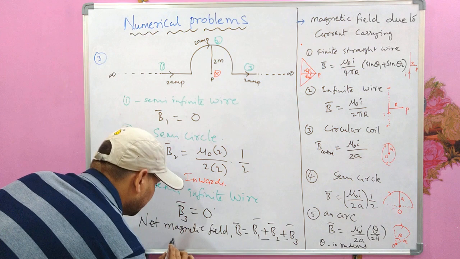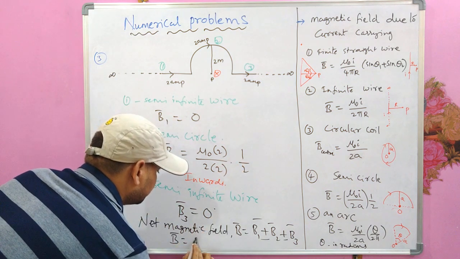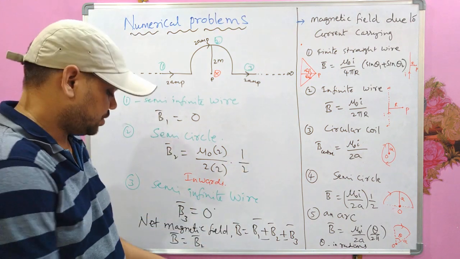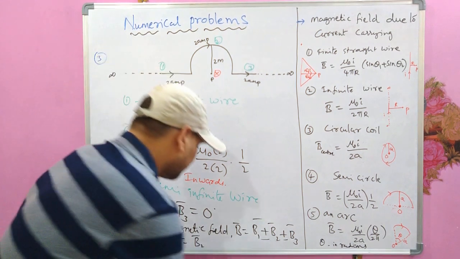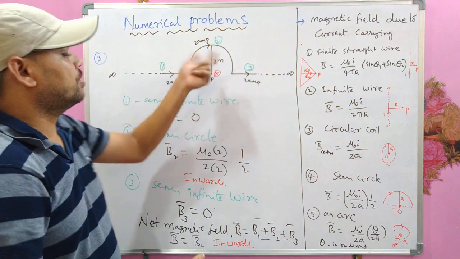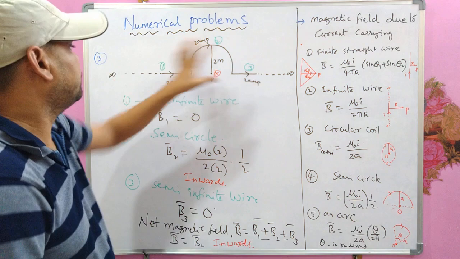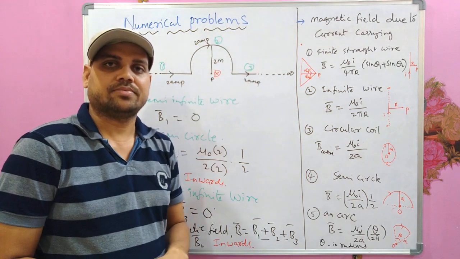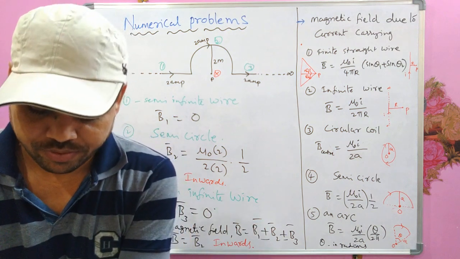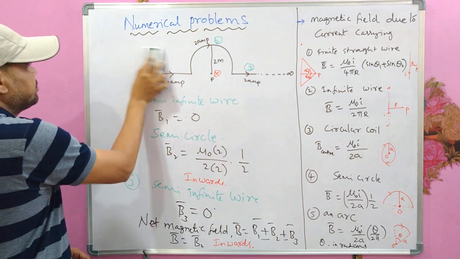So B will simply be B2, whatever B2 we have got, inwards. This is how we find the magnetic field, dividing into components and adding or subtracting them depending on the direction. This is one kind of problem we see in examination.